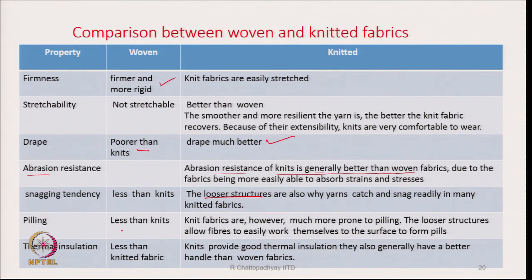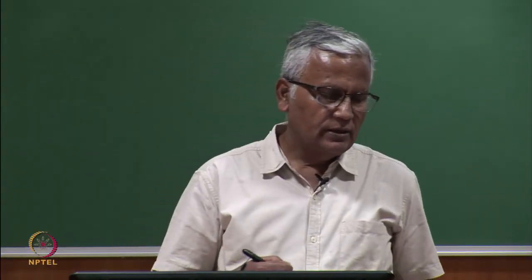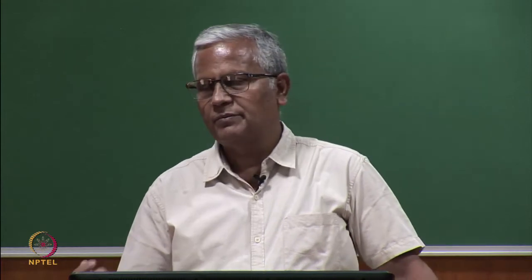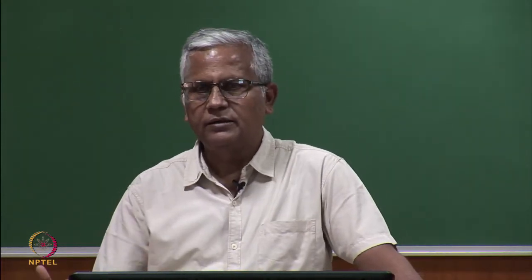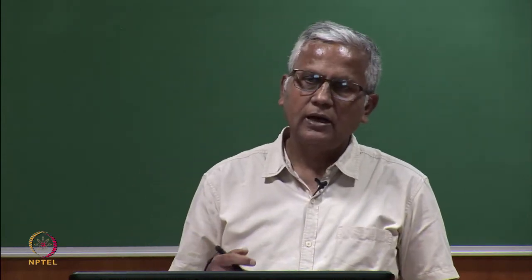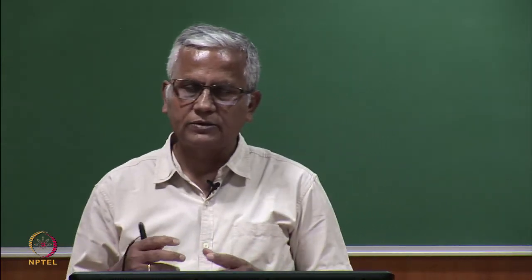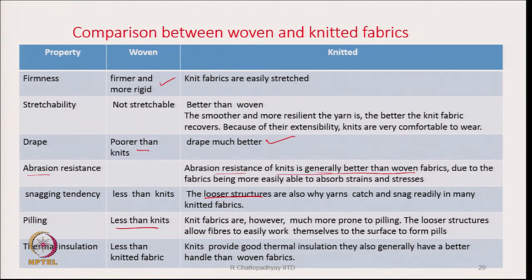Pilling is less in woven than in knits. Knitted fabrics can pill very easily. Why? Because generally in the yarns we put a smaller amount of twist, and therefore the fibers from the surface of the yarns or fabric surface can easily come out, and then they can get entangled, and once they get entangled, the surface fibers form pills. So, pilling in woven fabrics will be less, because the yarn gets support at numerous interlacement points.